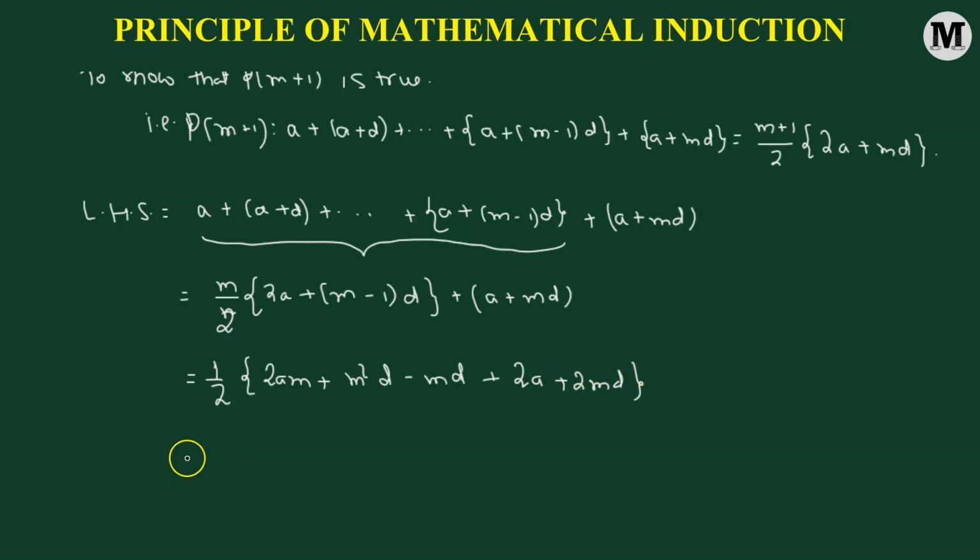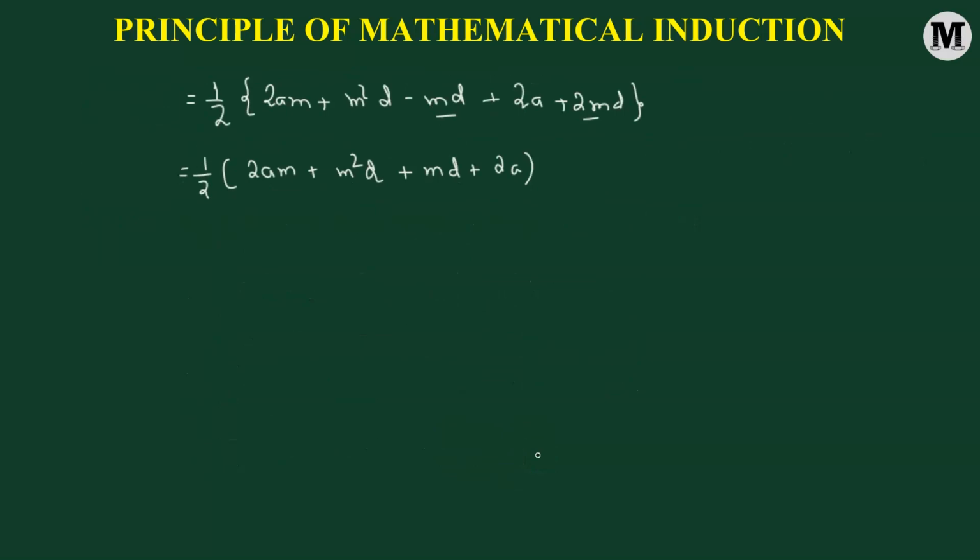So that's going to be equal to 1 over 2 multiplied by 2 times am added to m squared times d. Now negative md added to positive 2md makes it positive m times d added to 2 times a.